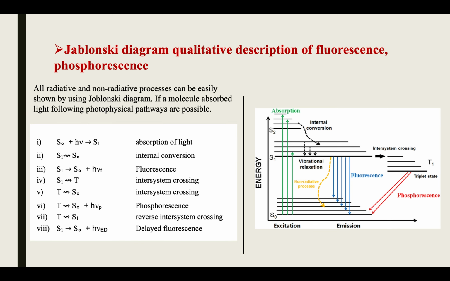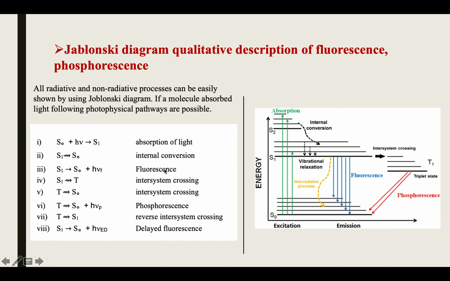The second photophysical pathway is from S1 to S0. This transition we call internal conversion, or from S2 to S1 or S1 to S0.